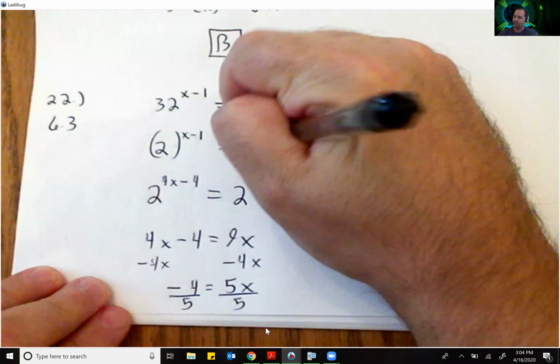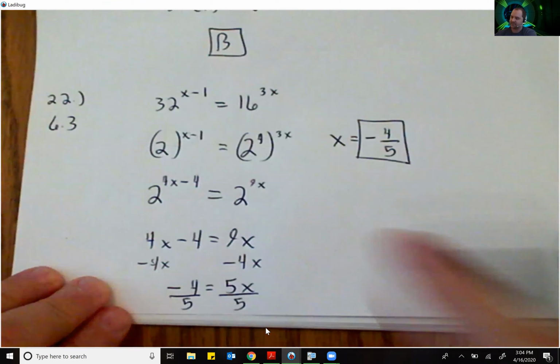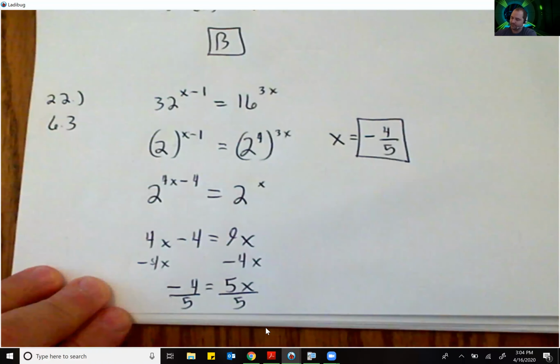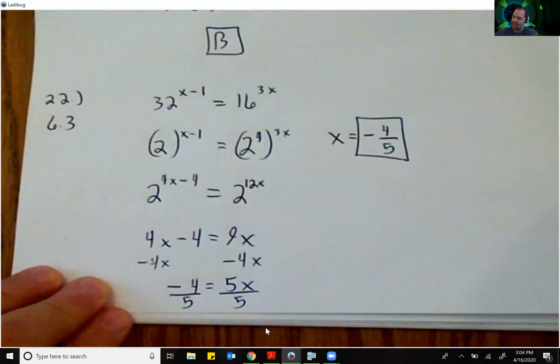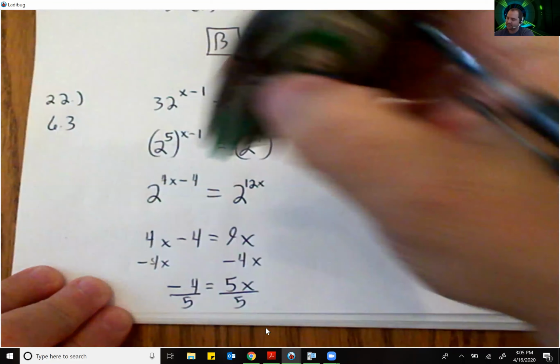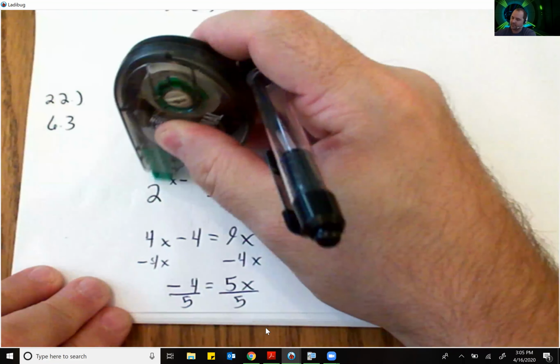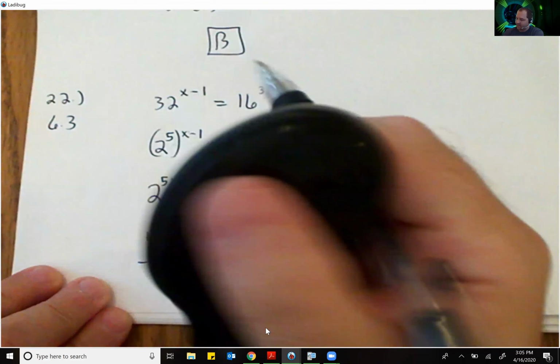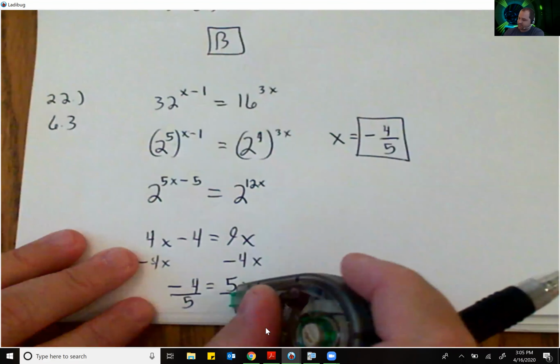So this should have been 2 to the 4th, which makes that 4 times 3x, 12x. This should have been 2 to the 5th, which makes these guys 5. Now that I'm fixing my mistake, let's go back through and fix this.